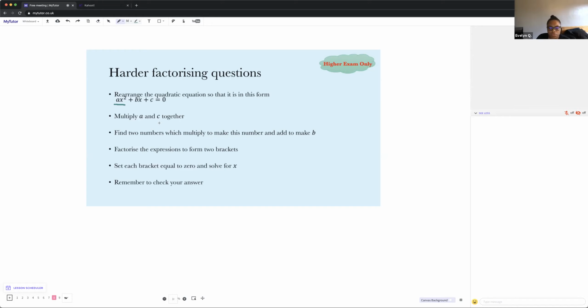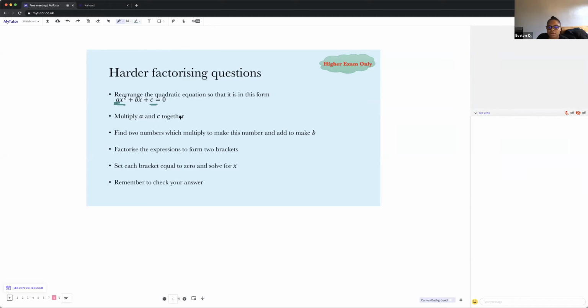In order to work out how to factorize these questions and solve it by factorizing, we first take that a, so this number, and we're going to multiply it by c and figure out whatever that calculation would be. Then we need to find two numbers that multiply to make this number that we just made, and that add to give me b.